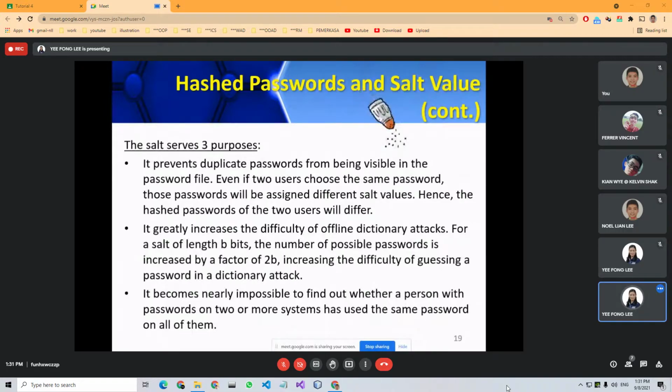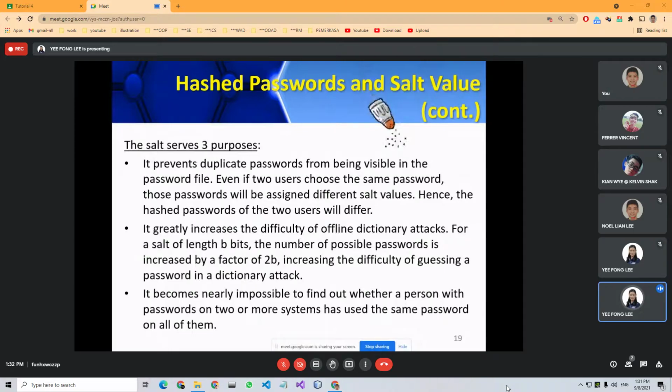So why do we need to add a salt value to the hashed password? Because two different inputs can produce the same hash password. That's why, to overcome the risk, the password needs to have the salt value added first.